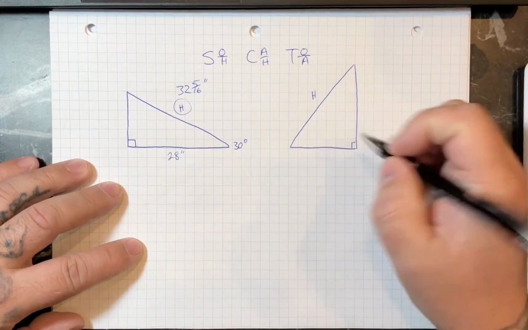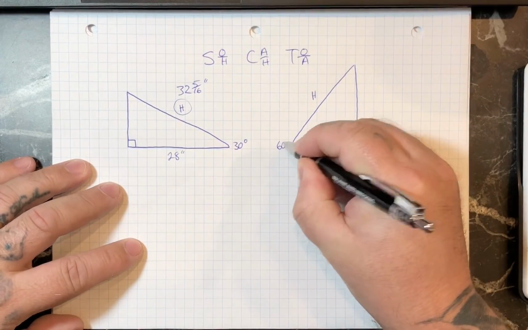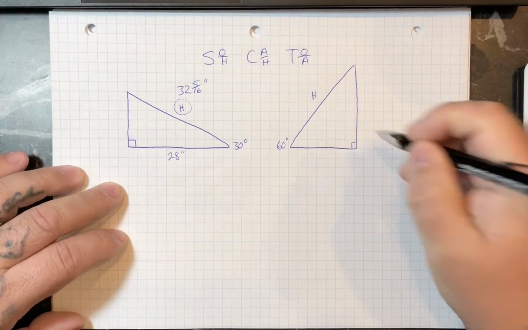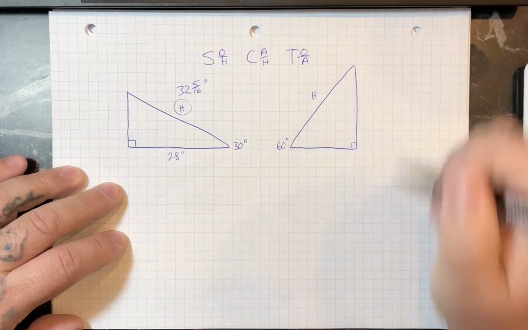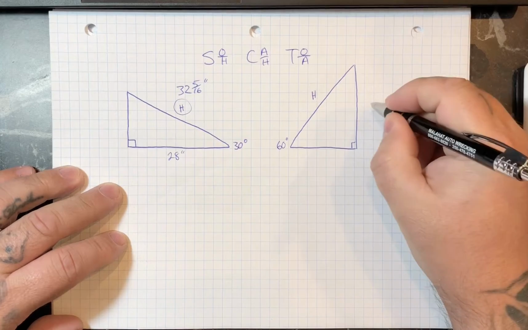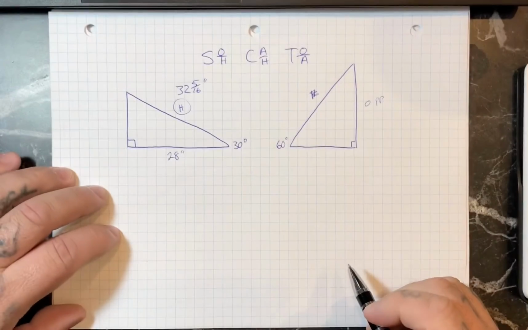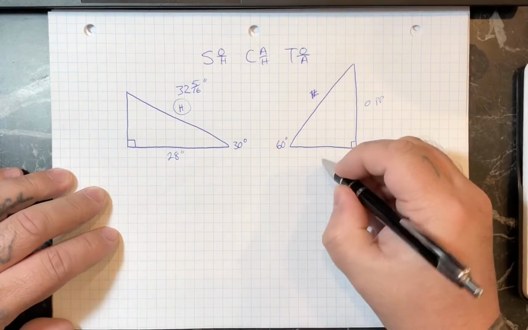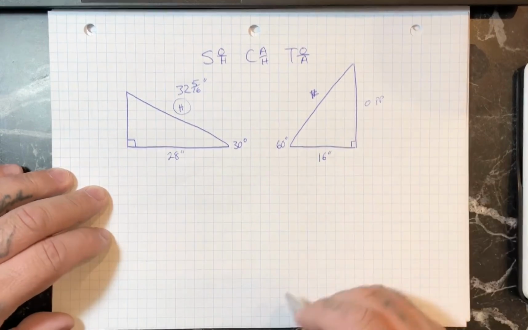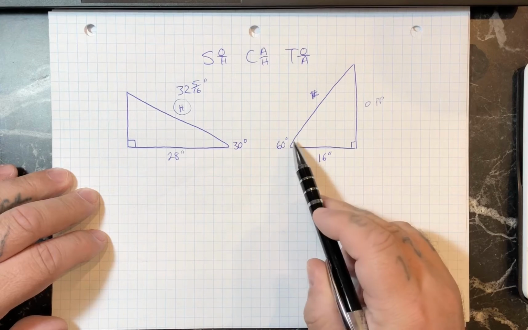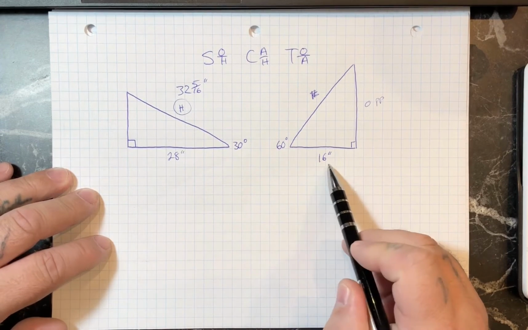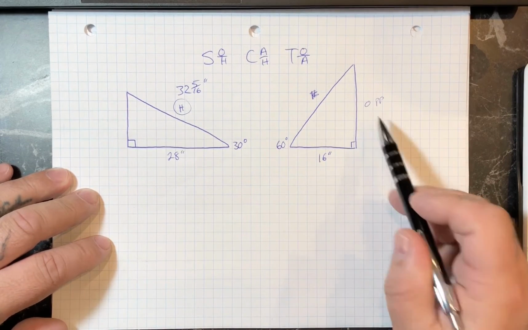Let's change this up now. So this is going to be a 60-degree angle. And let's say I'm looking for the opposite. And let's make this 16 inches here. So if I have 60 degrees here, I have the adjacent and I'm looking for opposite.